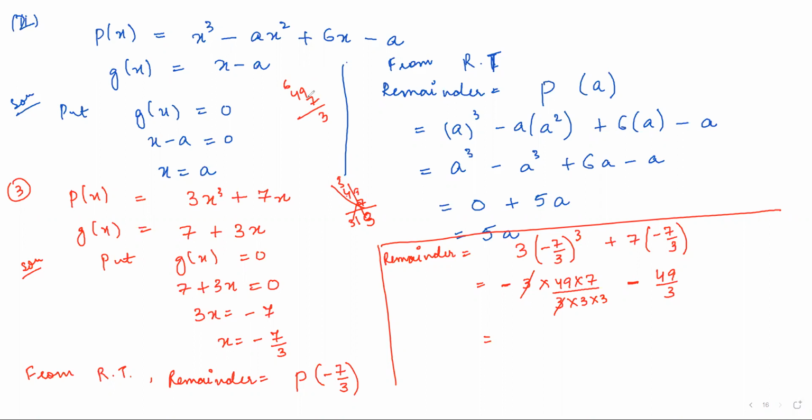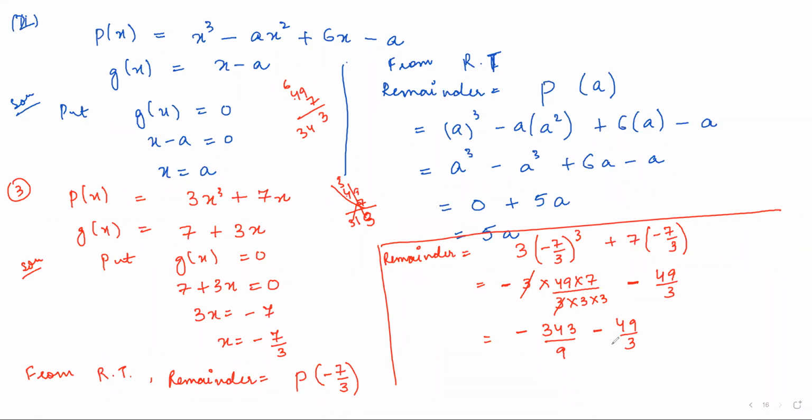And then 7 into 4 is 28, and 6 is how much? 34. So 343 I'll get. So minus of 343 divided by 9, and then minus of 49 divided by 3. Is this clear? Then Jaslyn, is that clear?